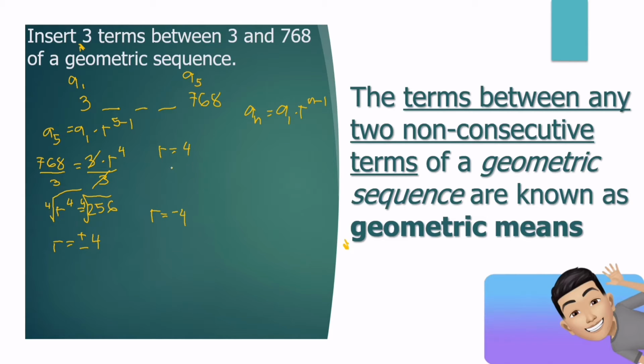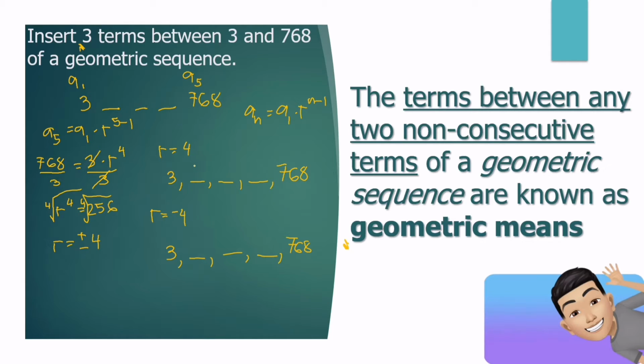If the common ratio is positive 4, so we have the first term 3, ano yung susunod na tatlong term? And then hanggang 768. Tapos kung ang common ratio ay negative 4, so 3, ano yung susunod na tatlong term? And then the last term or A sub 5 is 768.